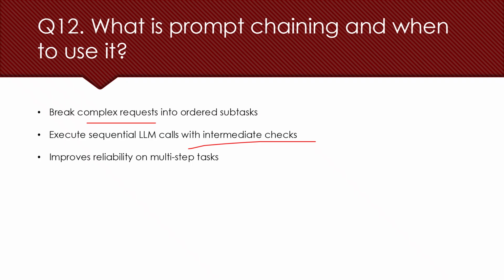So if we do multiple prompts, like a sequence of prompts, instead of having one big prompt, we can make it sequential prompts like prompt chaining. And it will also improve the reliability of multi-step tasks. And we can also validate the data in between before going full-fledged with the LLM.